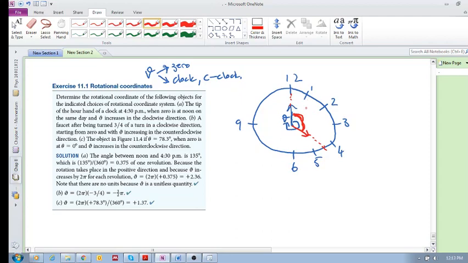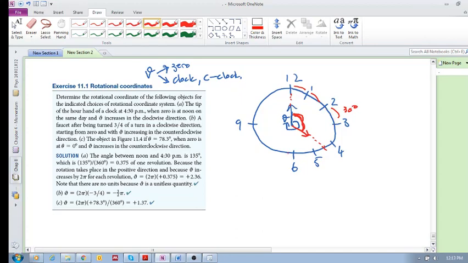Well, we know that if you measure this in degrees, then that is 90 degrees, and each one of these guys is 30 degrees. You can just work it out. If you take 90 divided by 3, you get 30.